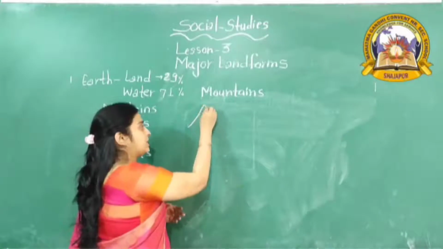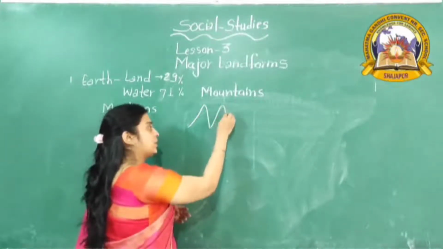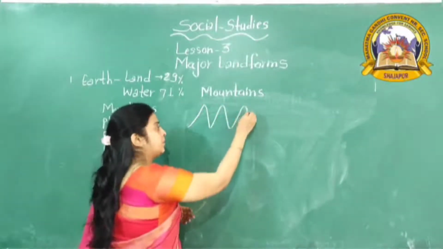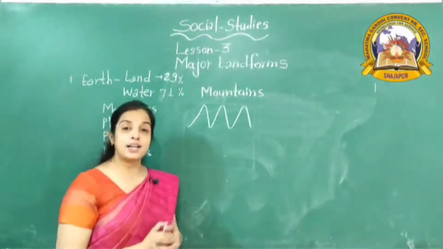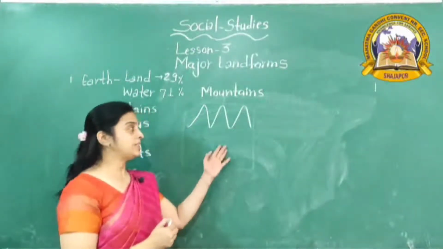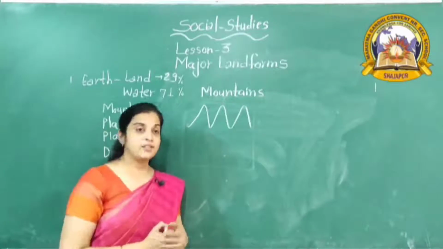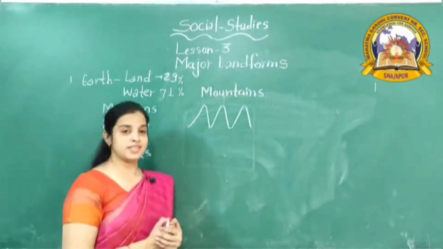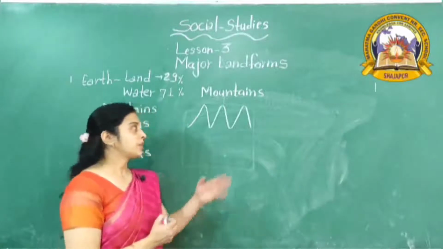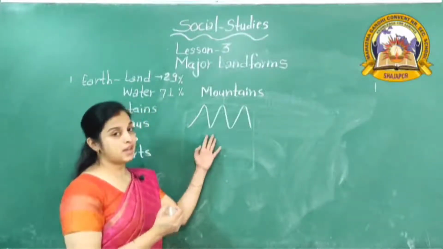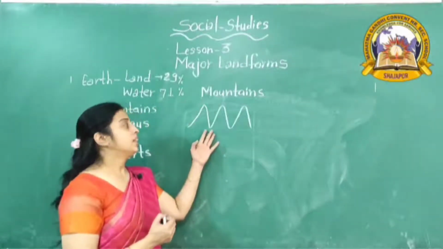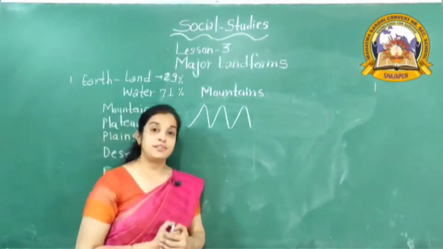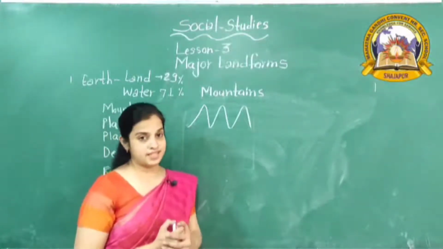Mountains are highlands which rise 900 meters and above the mean sea level. Mountains are also known as highlands. Mountains are of different shape and size.